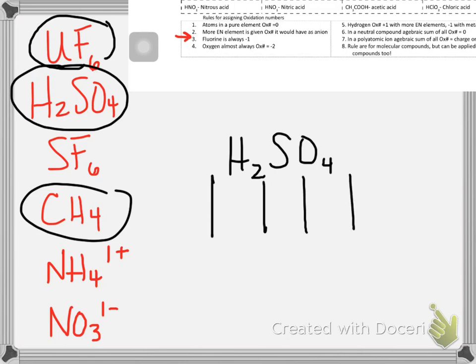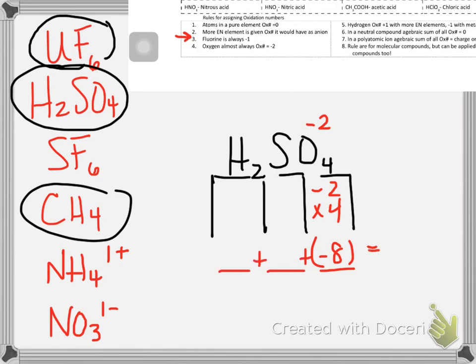We want to look for anything that has a rule associated with it, and the first thing that I see is oxygen. Oxygen in general is going to be a -2, so we have -2 times 4. Oxygen lends a total oxidation state of -8. Now I have 3 things here that when added together have to equal 0.